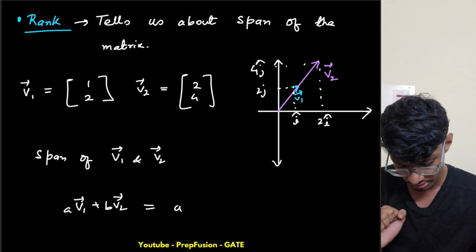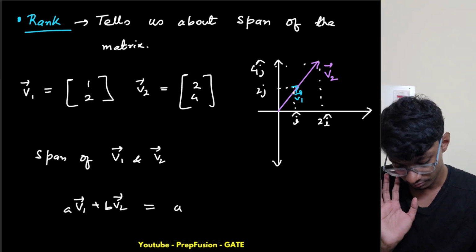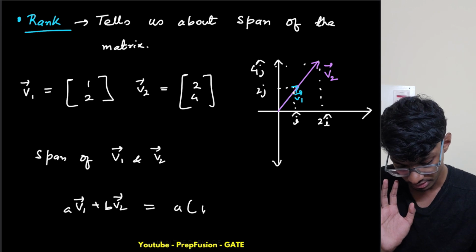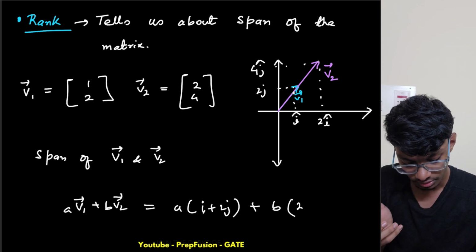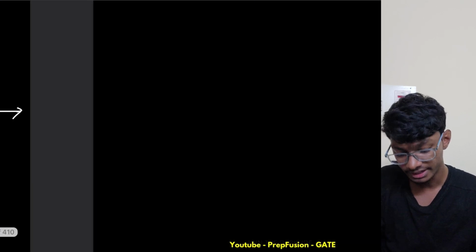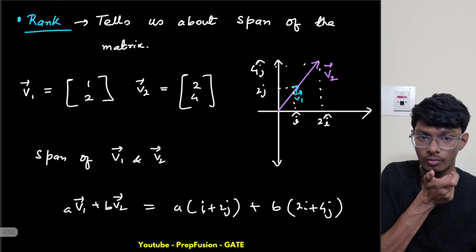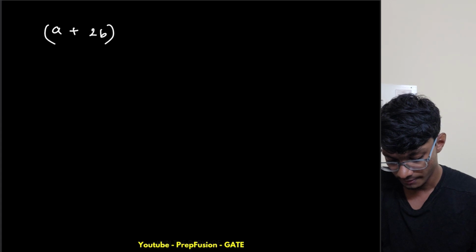So here, this is a V1. What is V1? Let me write it like this: a times (i plus 2j), plus b times (2i plus 4j). Now let me expand this. Let me take i plus 2j common from both: it is (a plus 2b) times (i plus 2j).